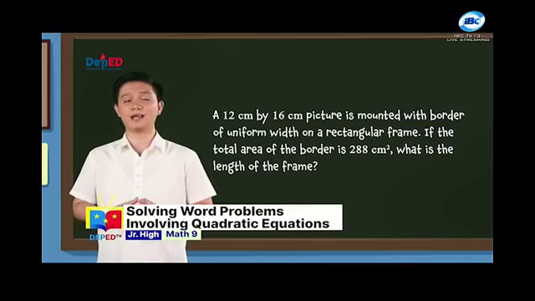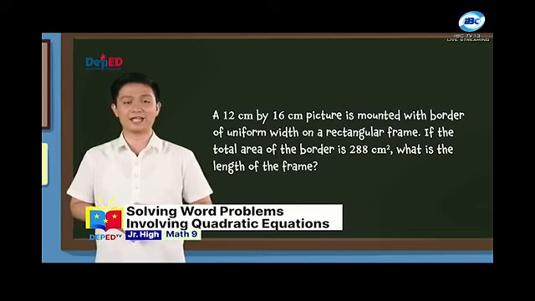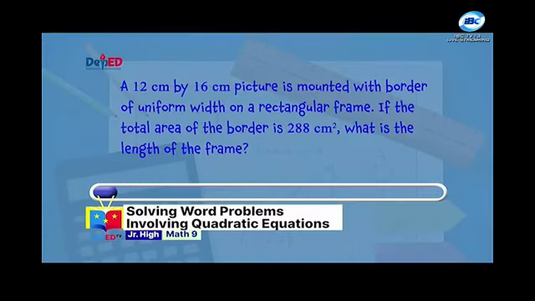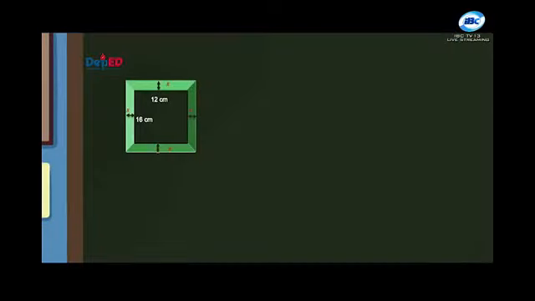If the total area of the border is 288 square centimeters, what is the length of the frame? For 30 seconds, go! Time is up.